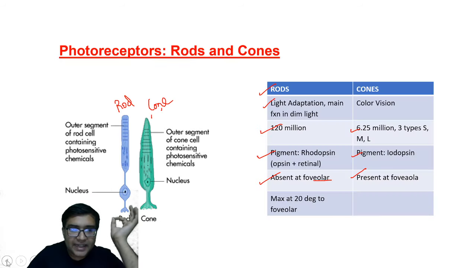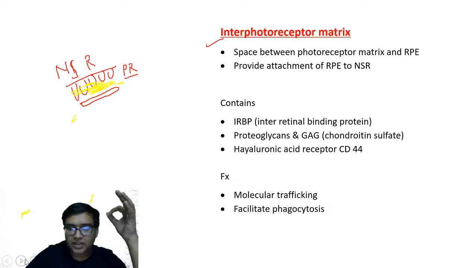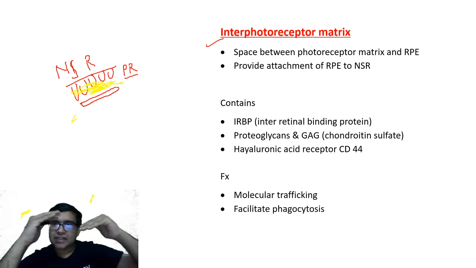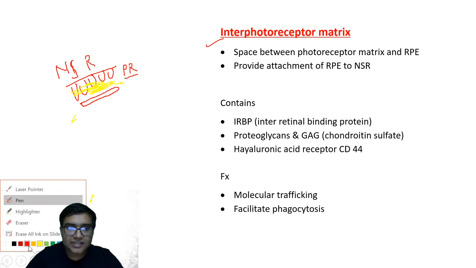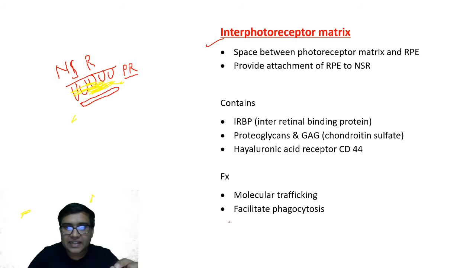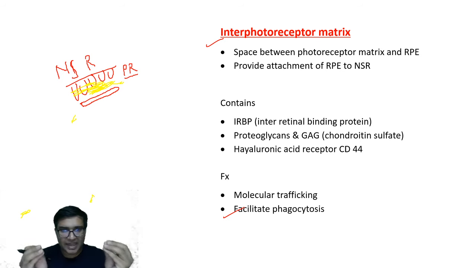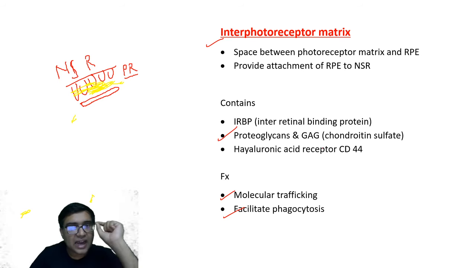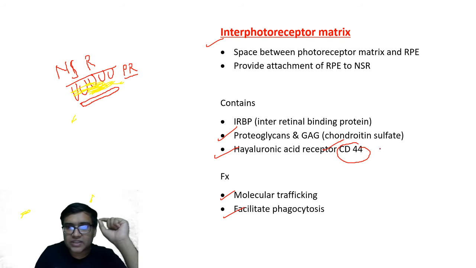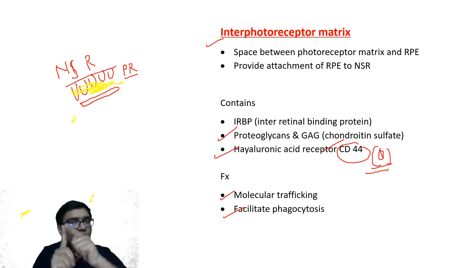It gives attachment to the neurosensory retina with the retinal pigment epithelium. Why is this layer important? Because it has macrophages, is very important for signal trafficking, and has proteoglycans and the hyaluronic acid receptor, that is CD44. This was a previous year question: CD44 is present in the interphotoreceptor matrix.